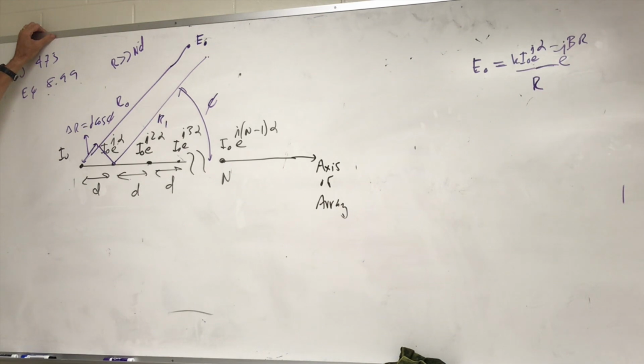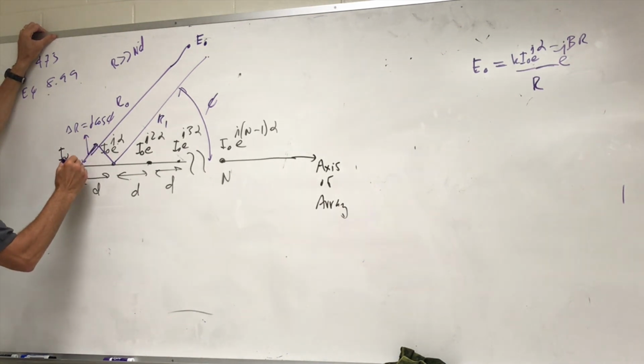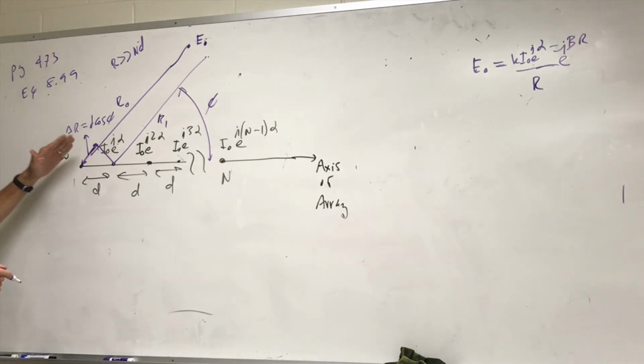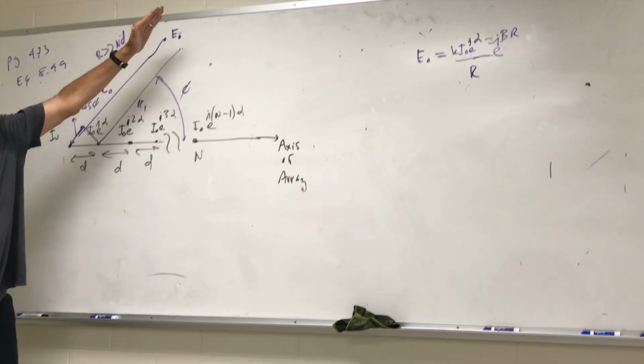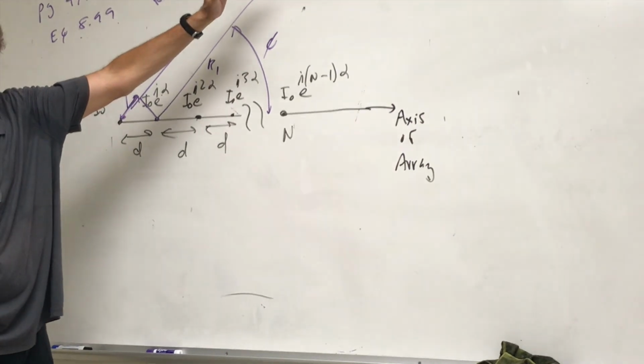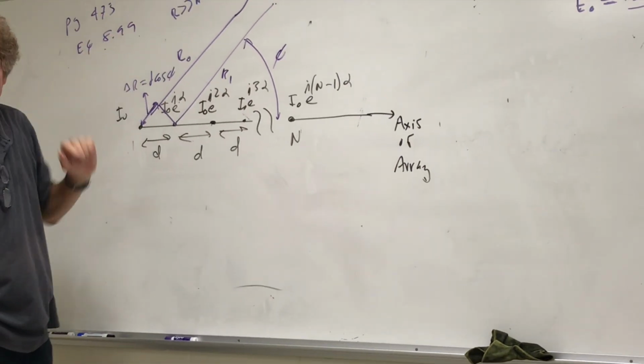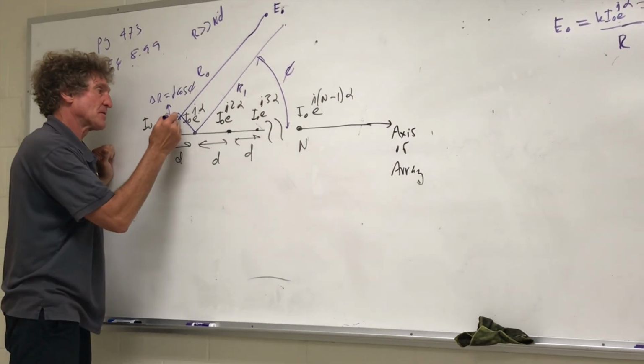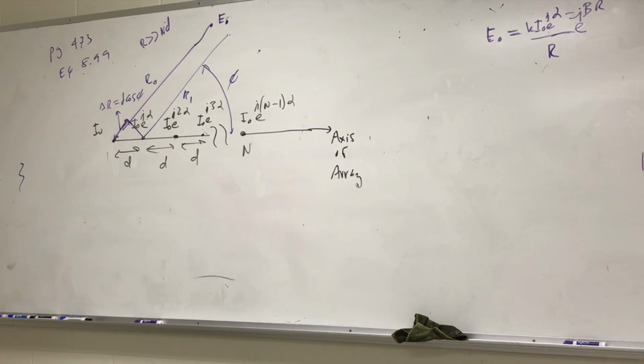Just take a look at this. What I'm trying to show you is this difference in the distance. Remember, this ray is going out to a star, you might say. This one's going to the same star. They're absolutely parallel. Therefore, the distance difference would be simply D, the spacing, times cosine of phi, right?